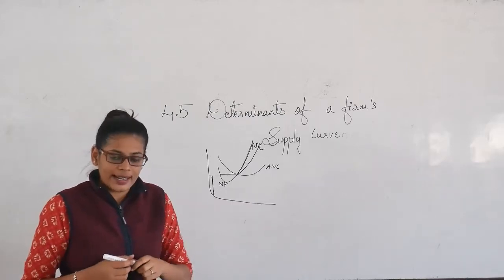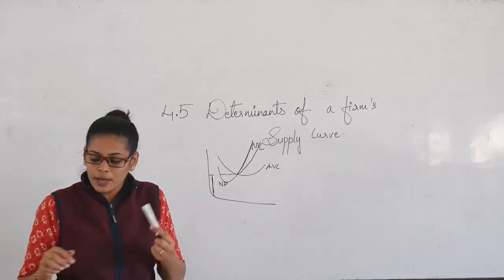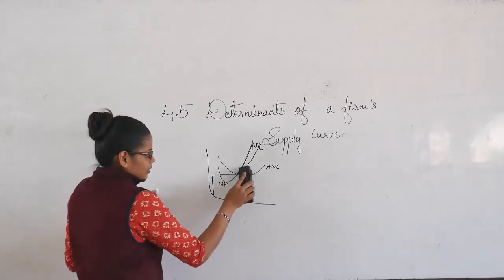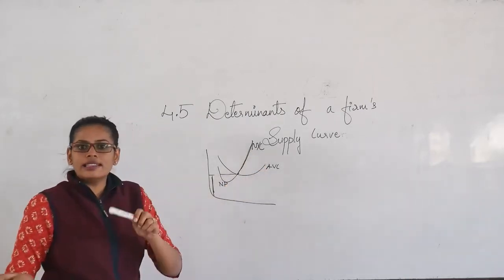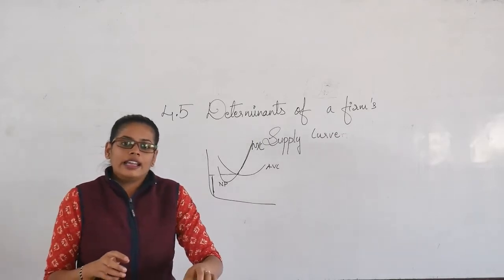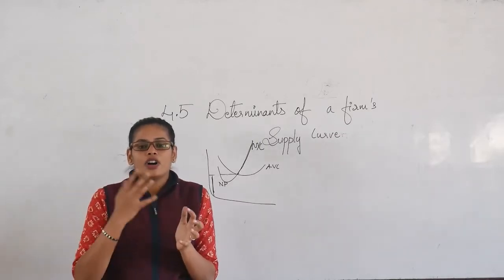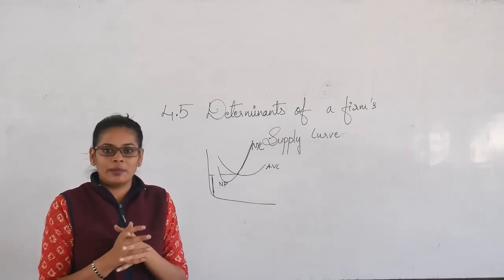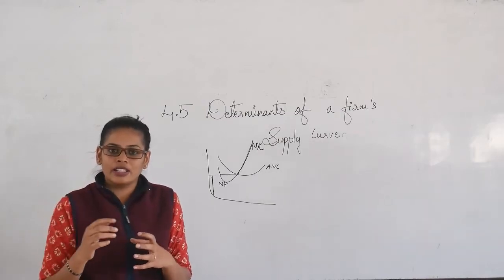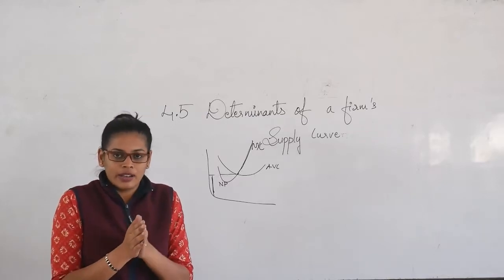So let's understand the next point, which is the input prices. So what is this input prices? Input price may be the cost incurred for buying the raw material, or to manufacture a product you need labor also, right?